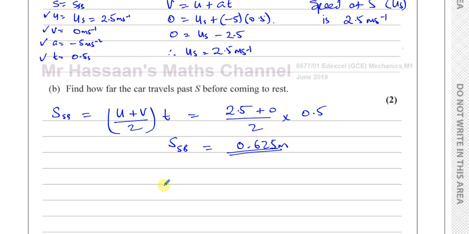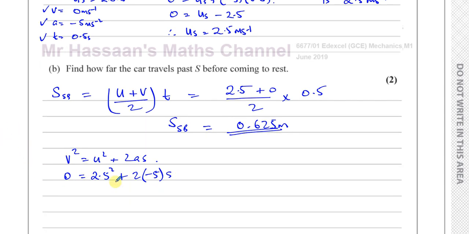And just to illustrate it, supposing we decided to use V squared equals U squared plus 2AS. We know V is 0, and we know U is 2.5, so that's 2.5 squared plus 2 times A, which is minus 5, times S. 2 times 5 is 10, so 10 SB equals 2.5 squared.